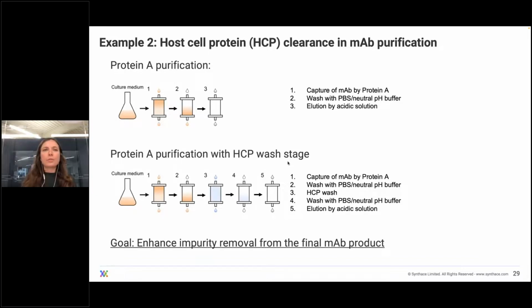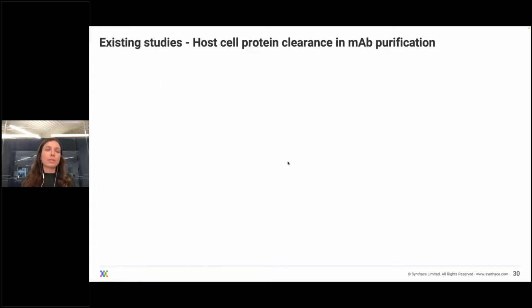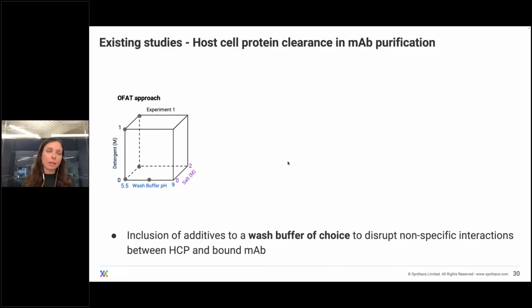And so I've taken a look at the type of studies that are out there, and effectively what a lot of them have done is taken this typical OFAT approach where they've simply chosen a wash buffer at a particular pH and then experimented with including various additives with the aim of disrupting non-specific interactions between the host cell proteins and the bound antibody.